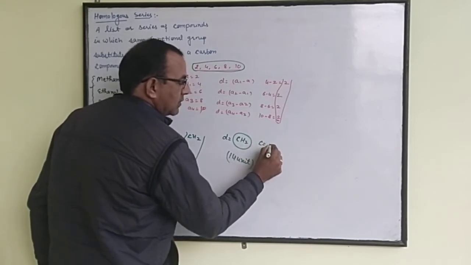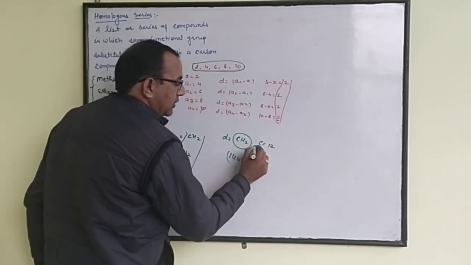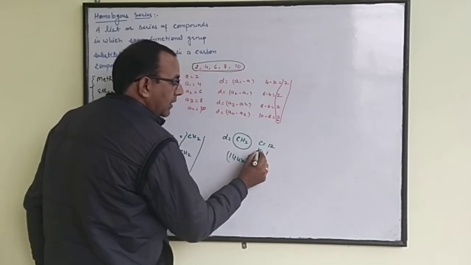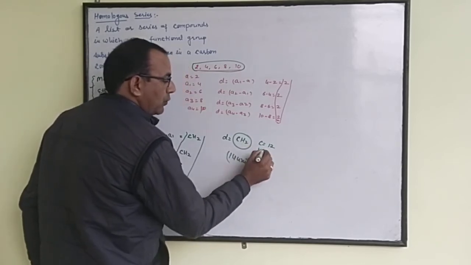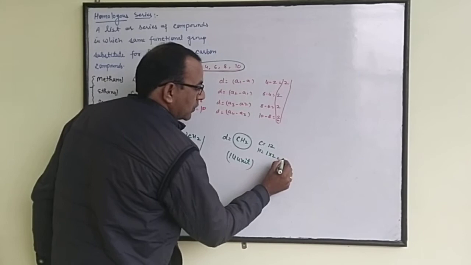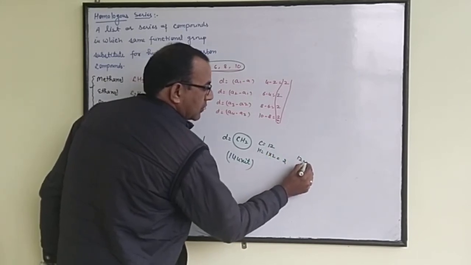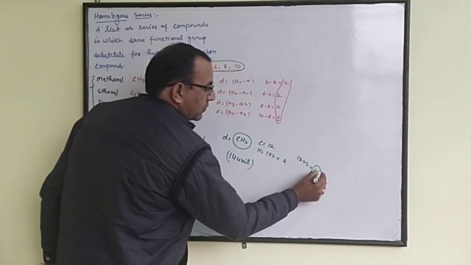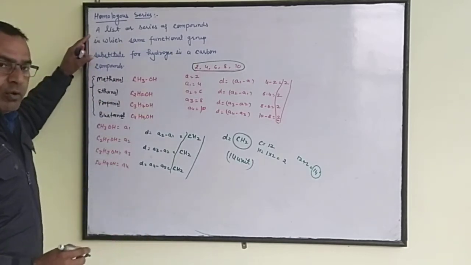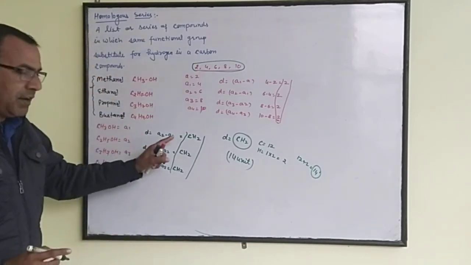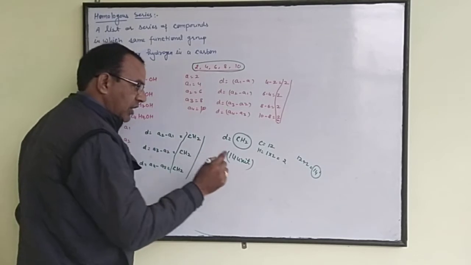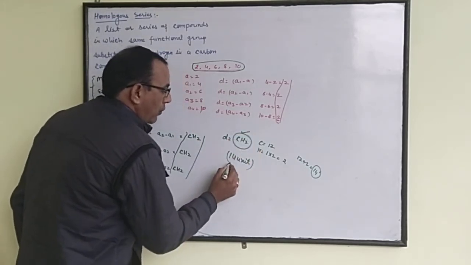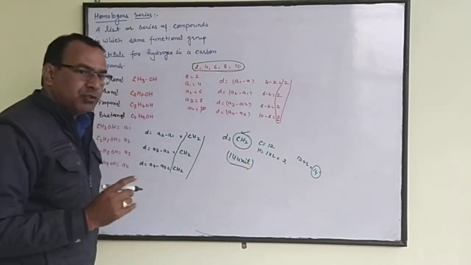Carbon atomic mass is 12 and hydrogen atomic mass is 1, but as there are two hydrogen atoms, 1 into 2 is 2, and 12 plus 2 is equal to 14. In a homologous series, the common difference always remains the same, CH2, or 14 units.